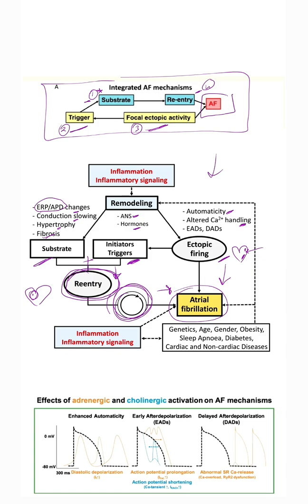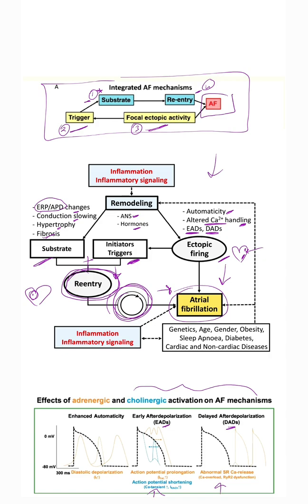Altered calcium handling leads to disruption in the normal action potential of the heart, and as a consequence this may lead to the formation of EADs or DADs, which are early afterdepolarizations or delayed afterdepolarizations. We can visualize these as shown in this picture.